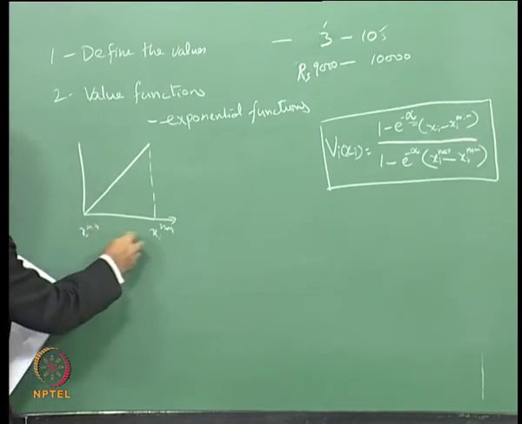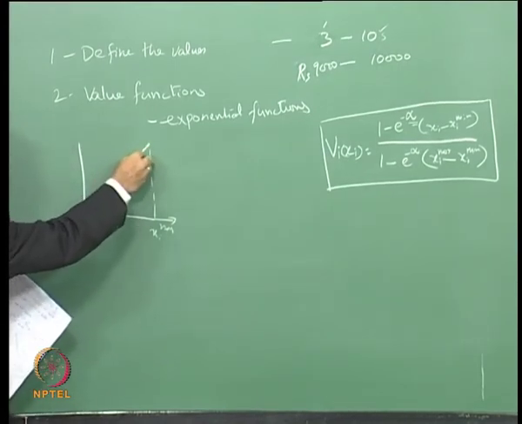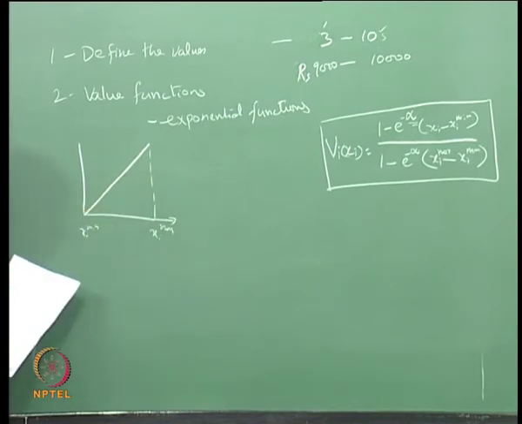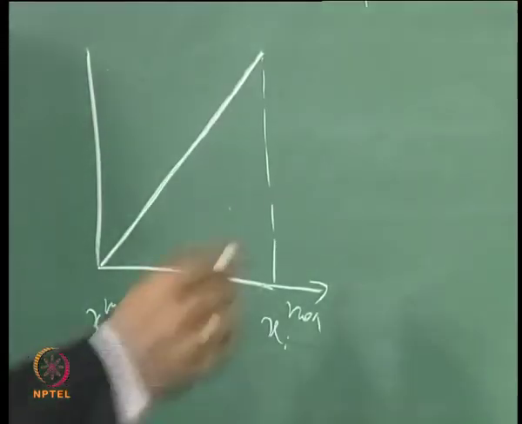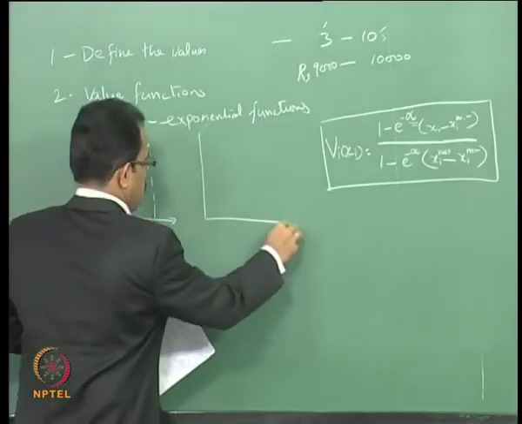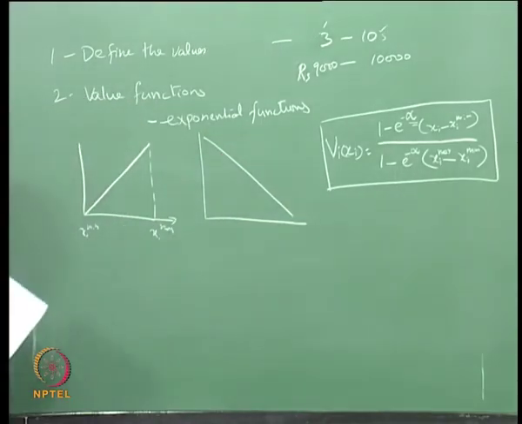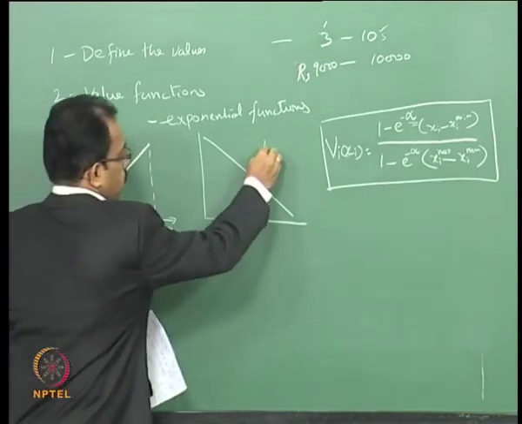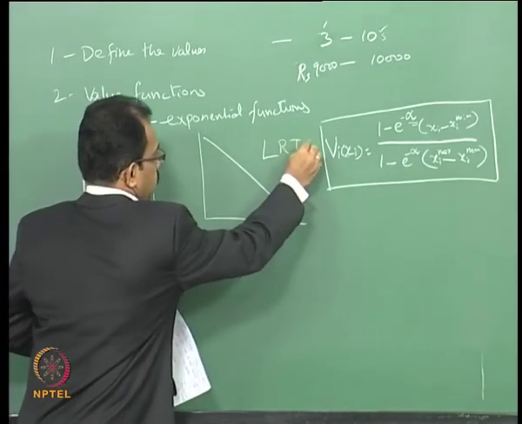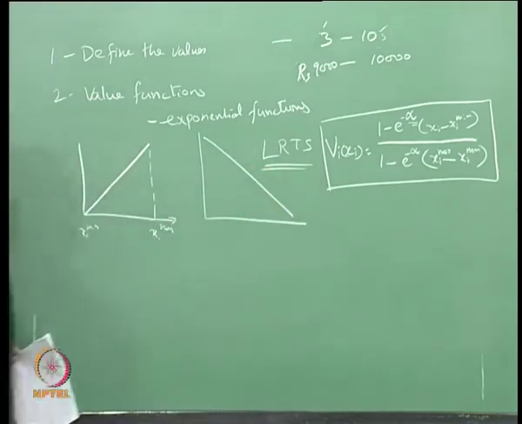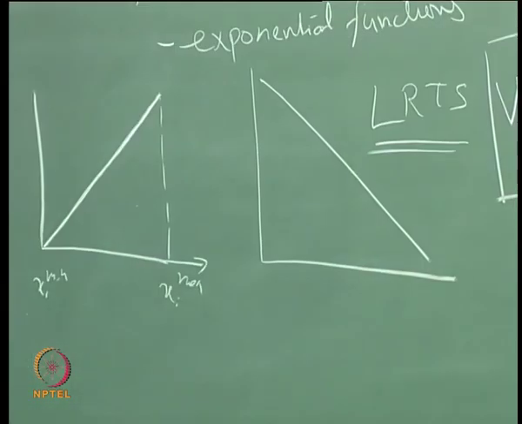As it changes, this will be varying linearly. So, this is known as linear return to scale. Or you can have it the other way, from maximum to minimum, you can have a linear return to scale. So, this is known as linear return to scale value functions.